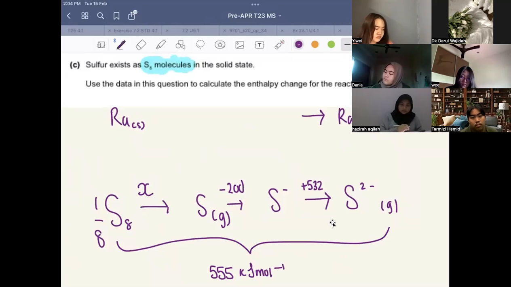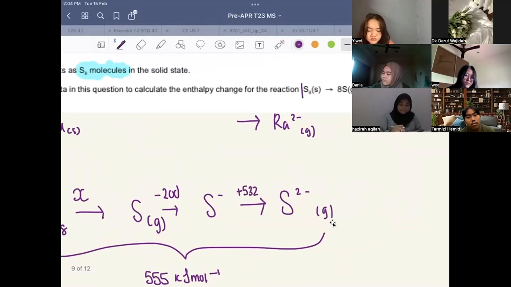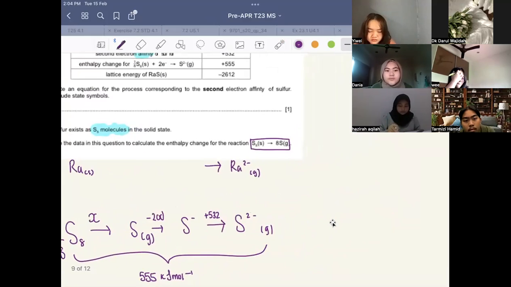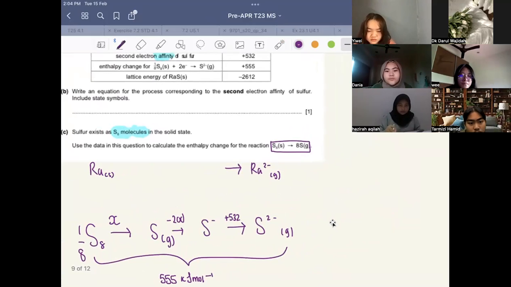So you're asking, okay, where are we going for this? We want to find this, which is 8 times the atomization of sulfur. So from here, we can say that 555 is equal to X plus negative 200 plus 532.